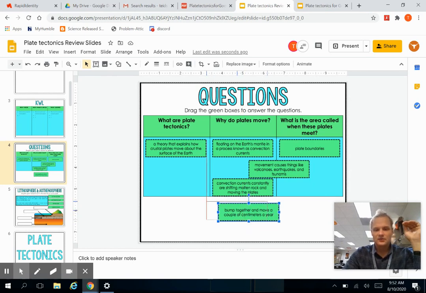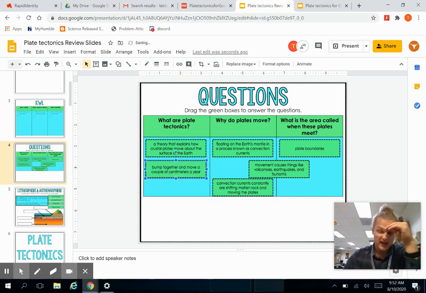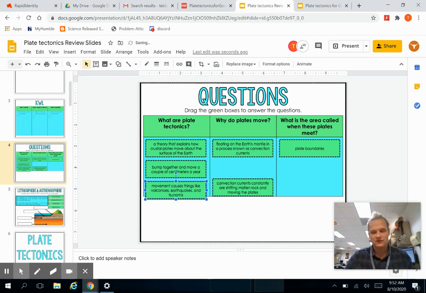So again, this is going to be having to do with what is plate tectonics. You could, I mean, honestly, this one goes for all of them. They're all related. I wouldn't care too much where you put this one because I think it could fit in every single one.